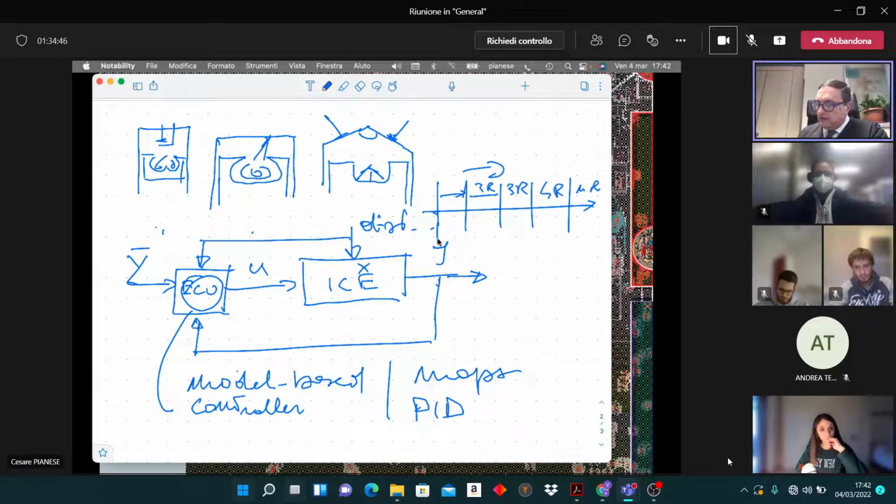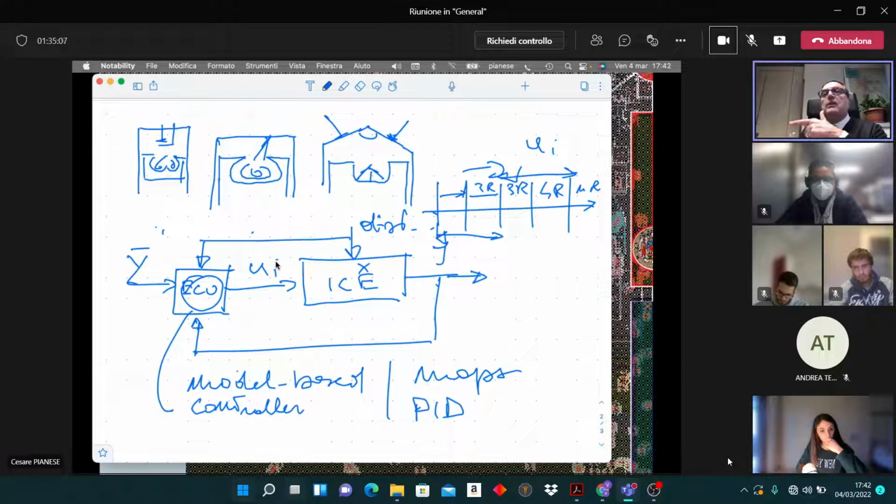If it is a 4-stroke engine, every 2 revolutions you must know exactly what you should give in terms of control variables to your system. You should give information to the injectors, the spark ignition, for example. You should control the EGR valves.